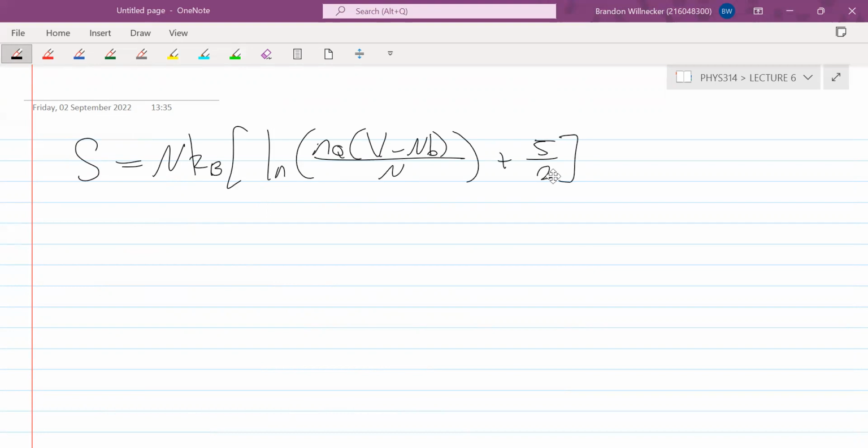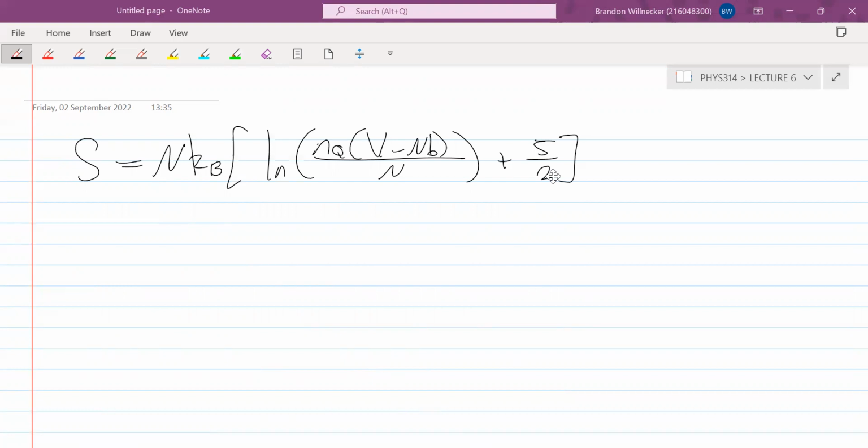So we've got the entropy, and we want to now find the internal energy. Again, there's a number of ways of doing this. I don't mind which way you do, that's up to you. We want something that includes the internal energy and something that includes the entropy, because that's given.